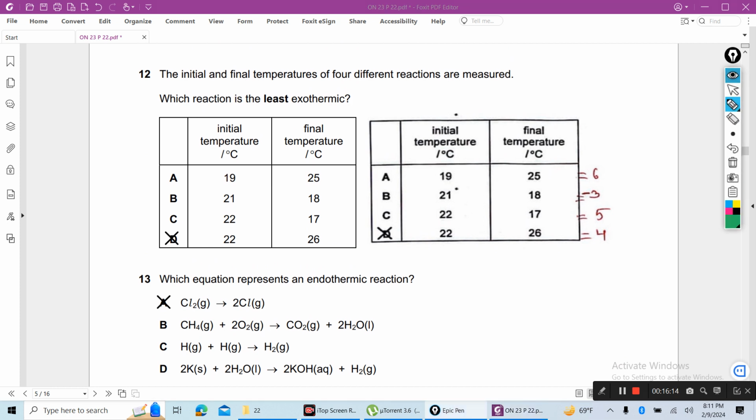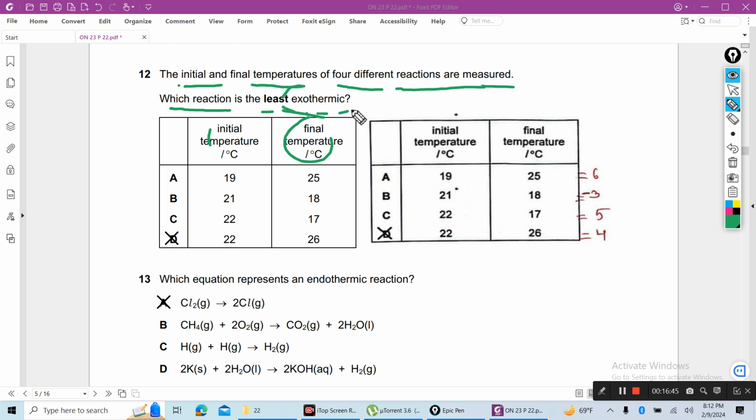So the negative electrode mass will increase. Next, the initial and final temperatures of 4 different reactions are measured. Which reaction is the least exothermic? You measure the final temperature, and this is the initial temperature. Least exothermic means less heat produced.